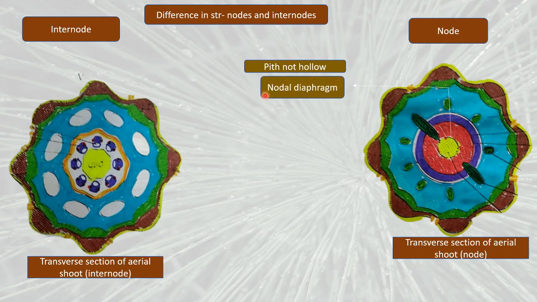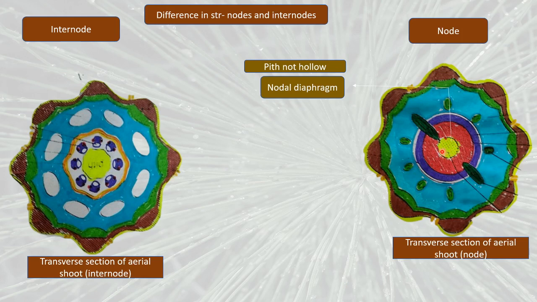But what is present? There is the presence of a nodal diaphragm. Now you must be thinking, what is a nodal diaphragm? The nodal diaphragm is actually made of densely cytoplasmic, thin-walled, nucleated cells that are present here, right? So it is filled with cytoplasmic, thin-walled, nucleated cells.